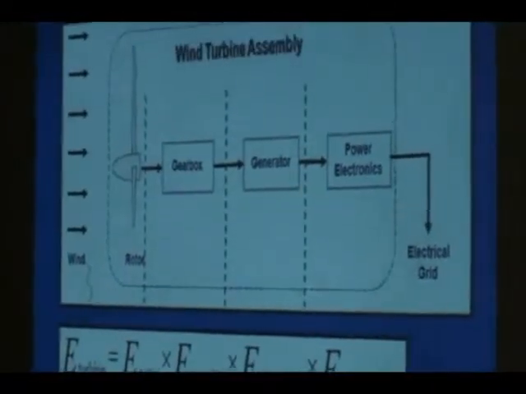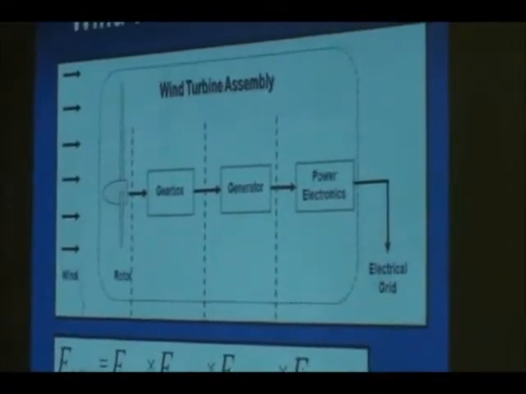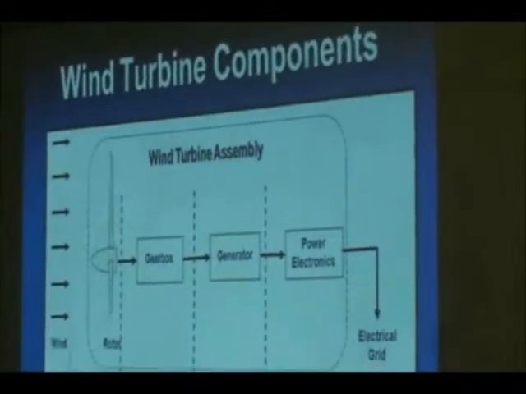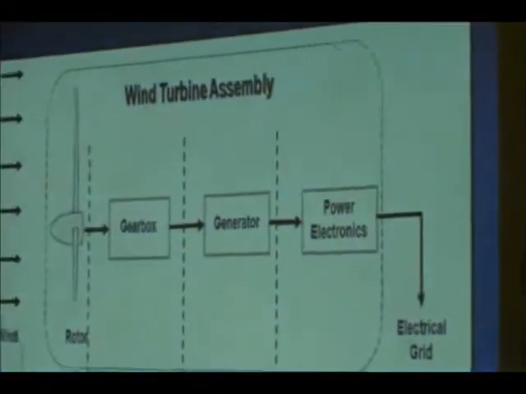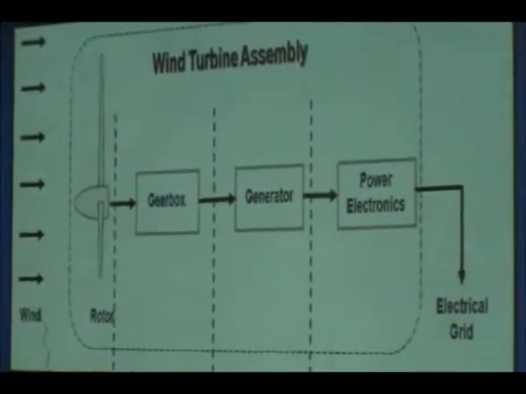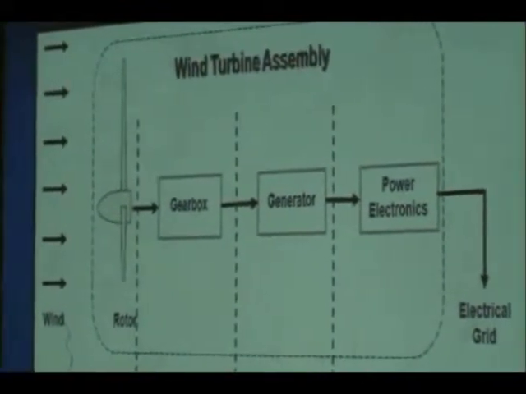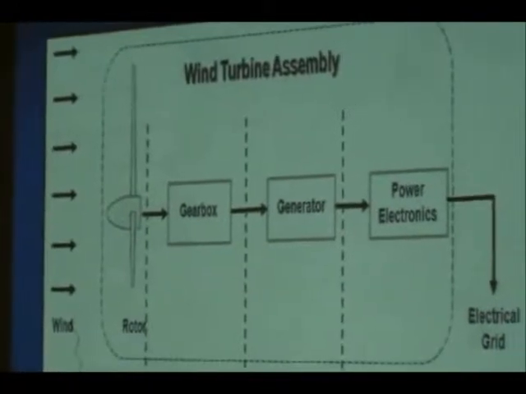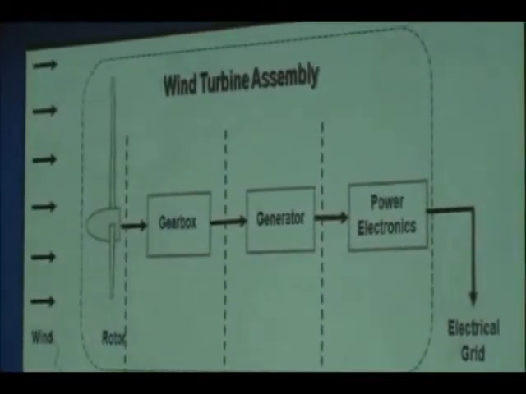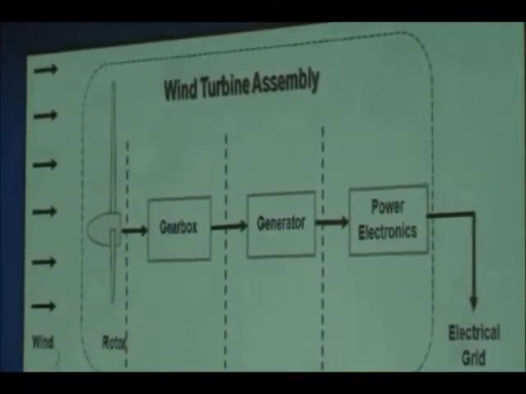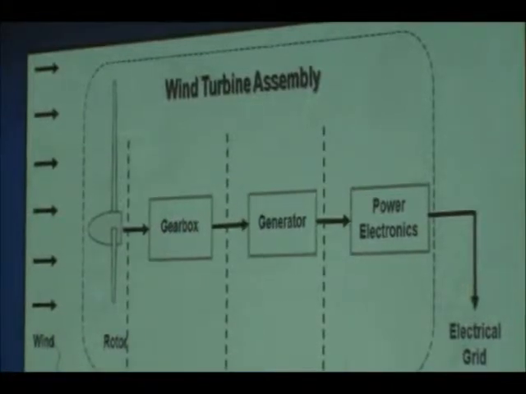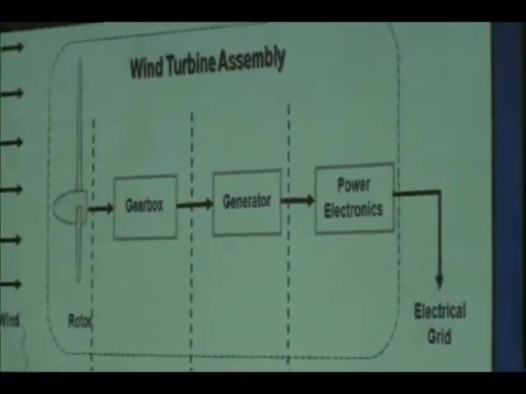If we look at the components of a wind turbine, we have our rotor, gearbox, generator, and the power electronics side. Where the rotor is concerned, the conversion of energy from wind energy is aerodynamic. It's converted into rotational energy.